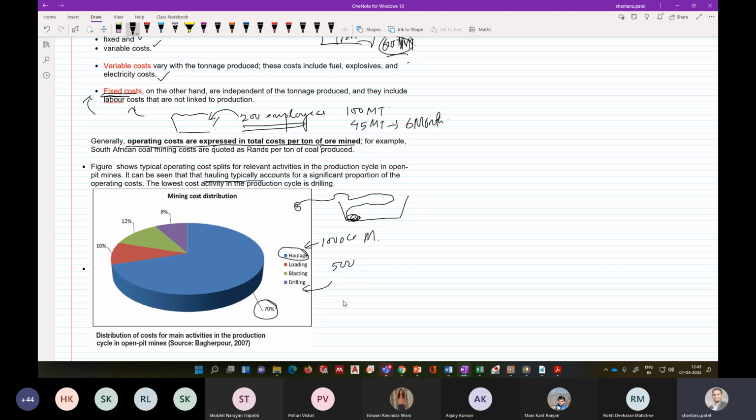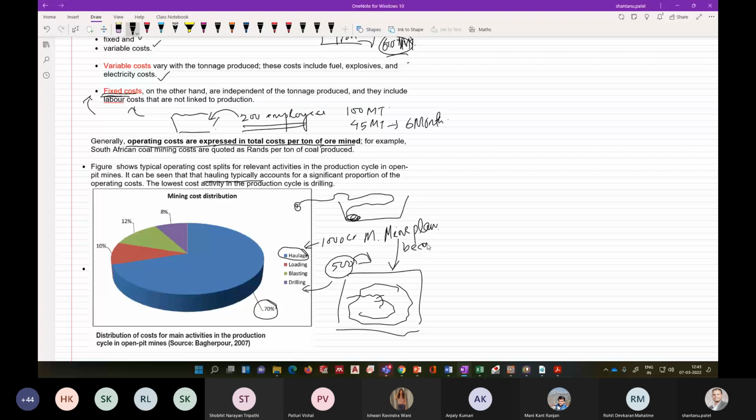That is why it is very important when you are making a plan for your mine, how the dumper will move. You can save crores of rupees for your mines if you design it properly. So this is where our mine planning becomes very important.